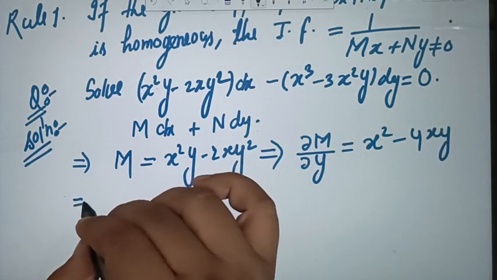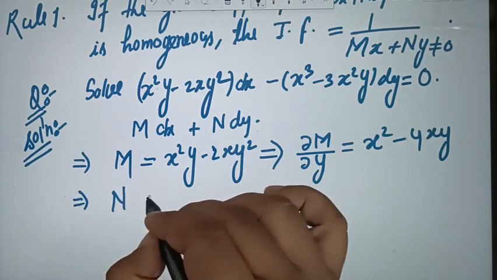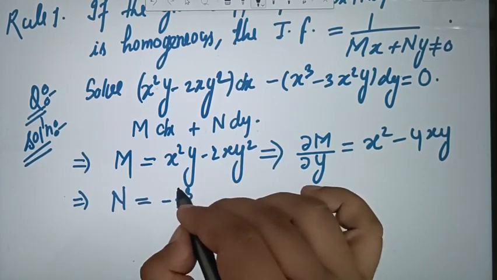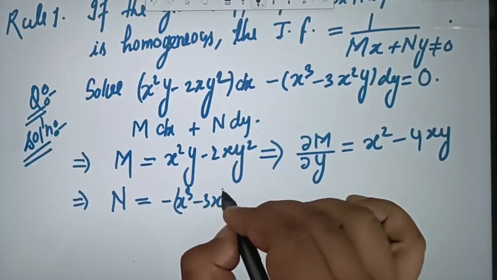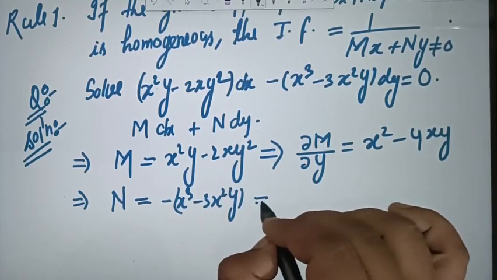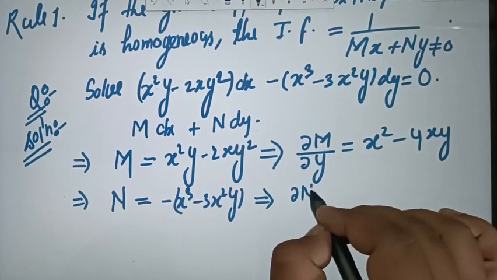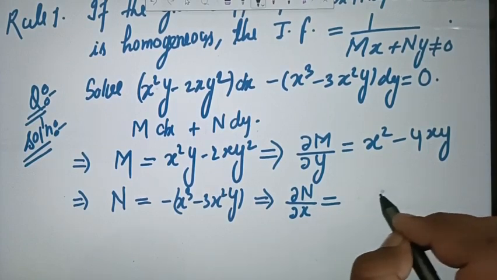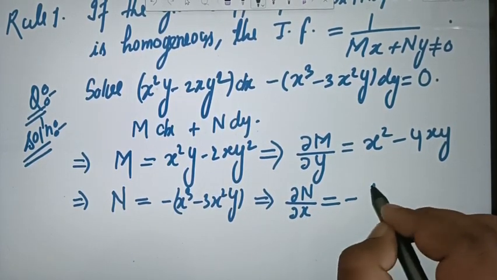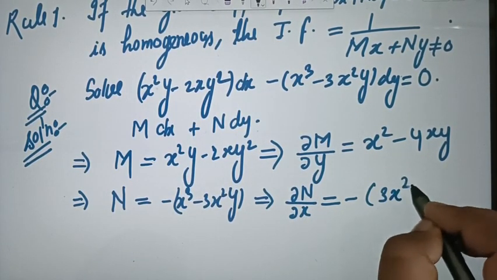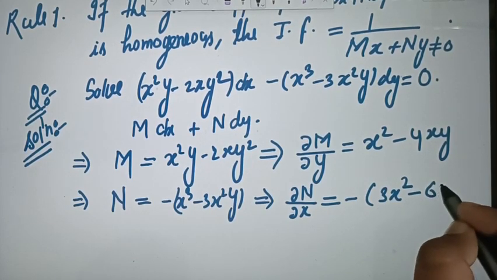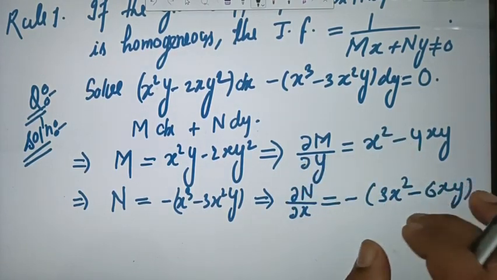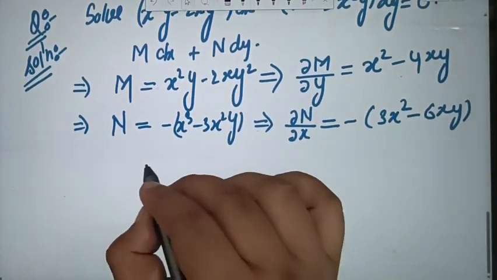And now we write capital N, so capital N will be written as minus x to the power 3 minus 3x square y. So your partial derivative with respect to x will be del n over del x, so it is minus 3x square minus 6xy.